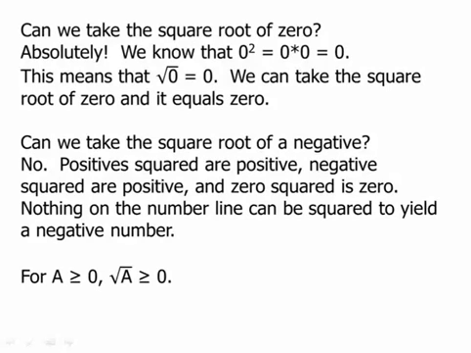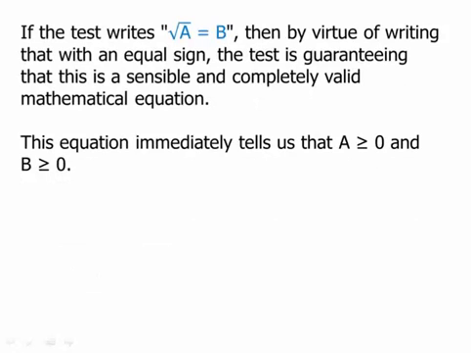So for the purposes of the test, for a greater than or equal to 0, the square root of a is also greater than or equal to 0. If the test writes the equation radical a equals b, then by virtue of writing that with an equal sign, the test is guaranteeing that this is a sensible and completely valid mathematical equation.